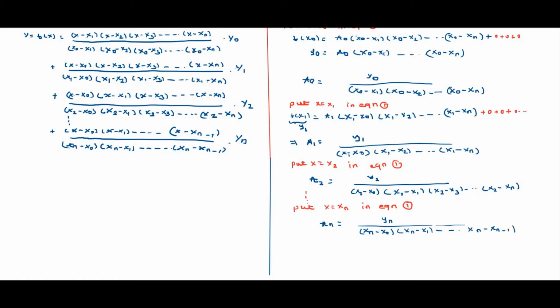The term that is absent is xn minus xn, because it will be 0, so we cannot write it.